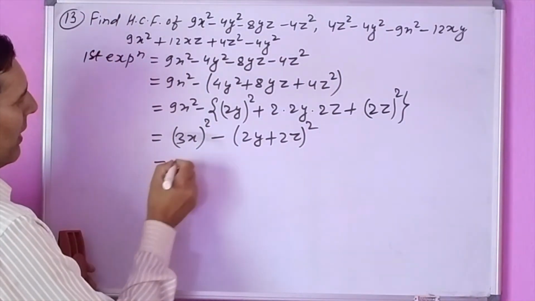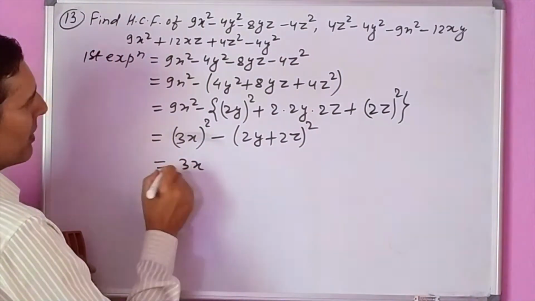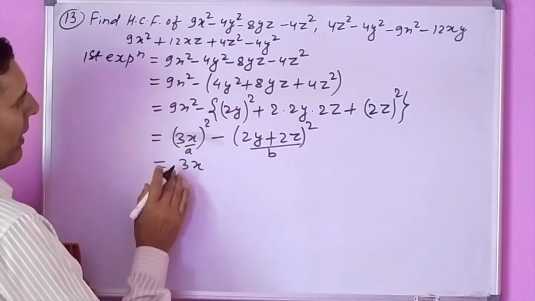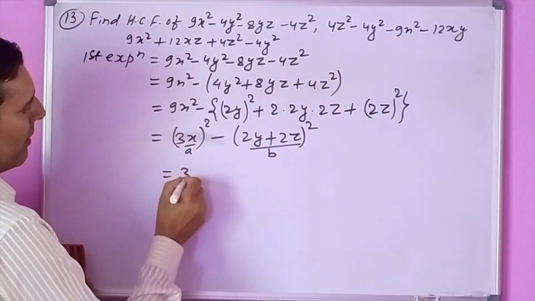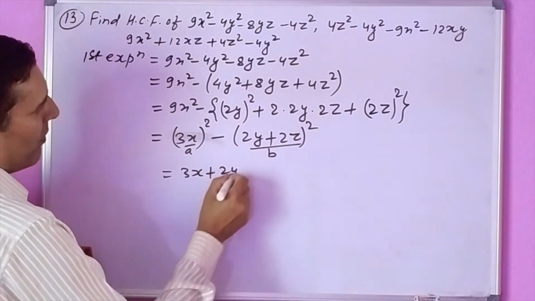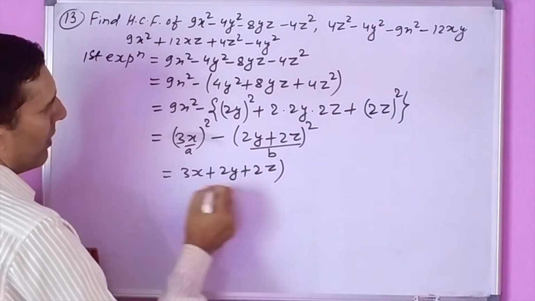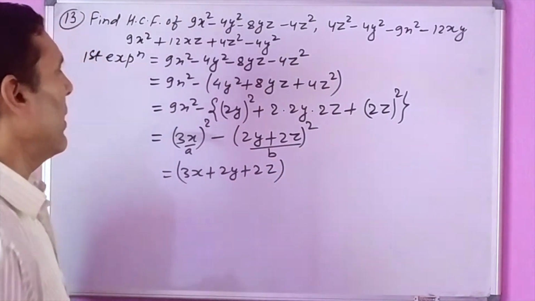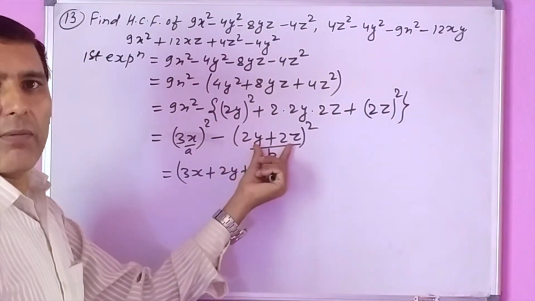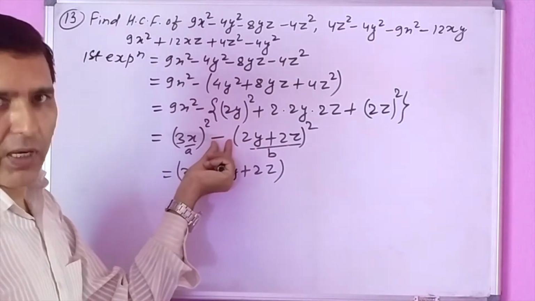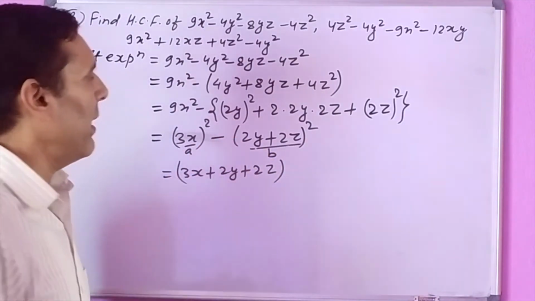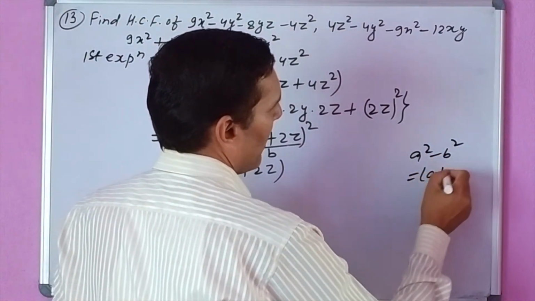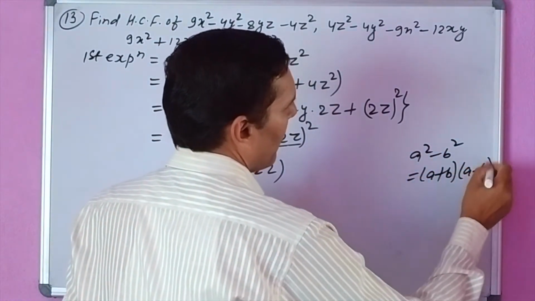So first write a plus b. A is 3x, suppose this much is a and this much is b. So a plus b is 3x plus 2y plus 2z. While writing a plus b, we open the second bracket supposing the sign is plus, because we are writing a plus b, using the formula a square minus b square equals a plus b times a minus b.